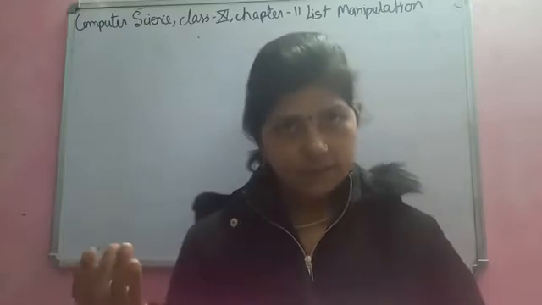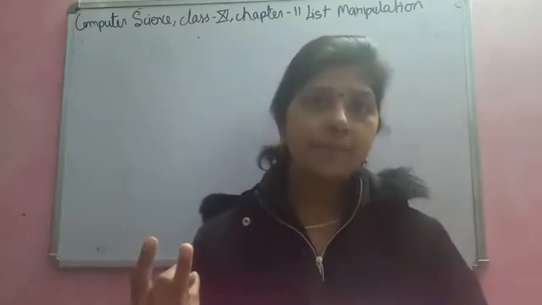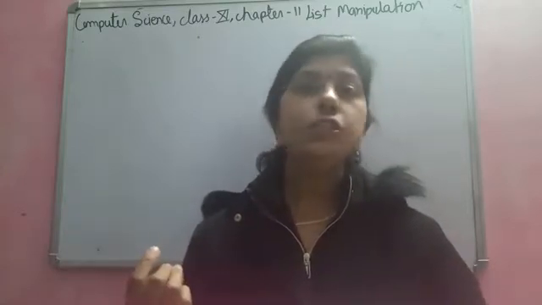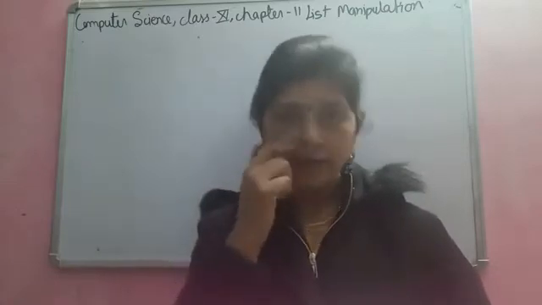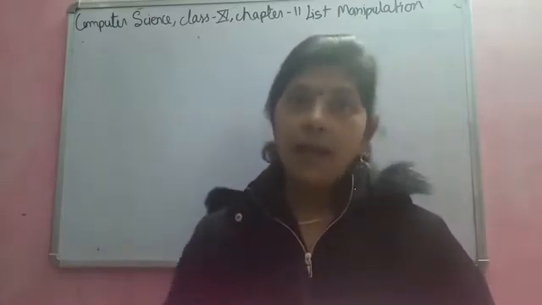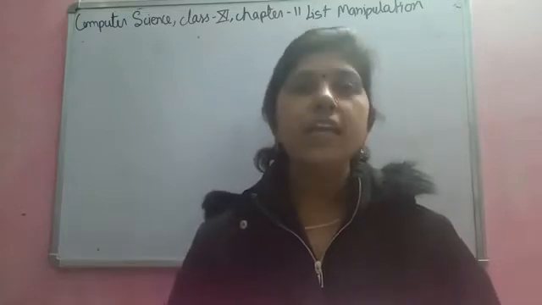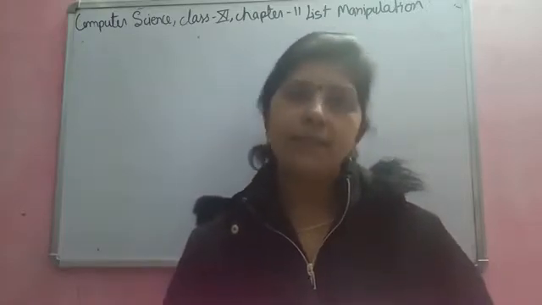In these 4, string and tuple are immutable. Immutable means you can't change the value in place, right? And list and dictionary are the sequences which are mutable.